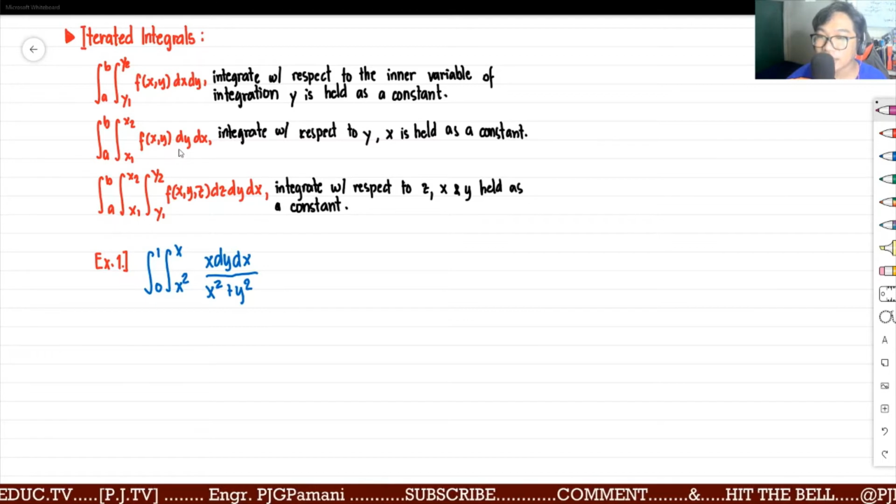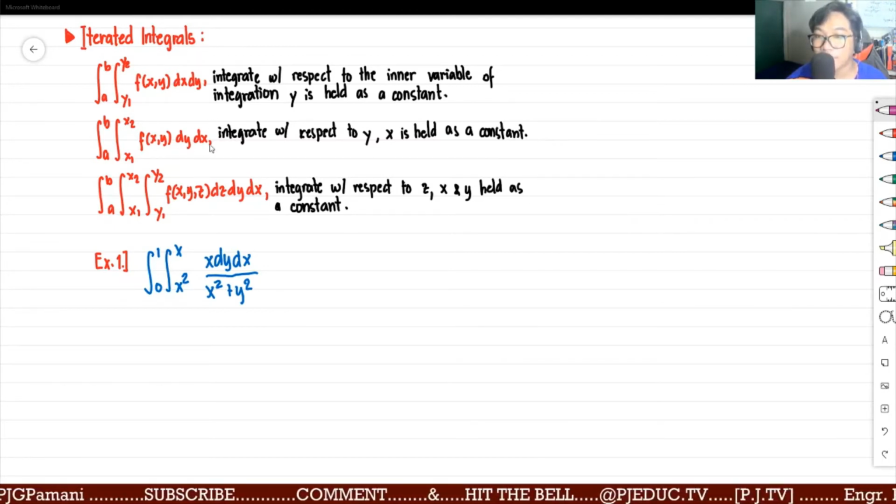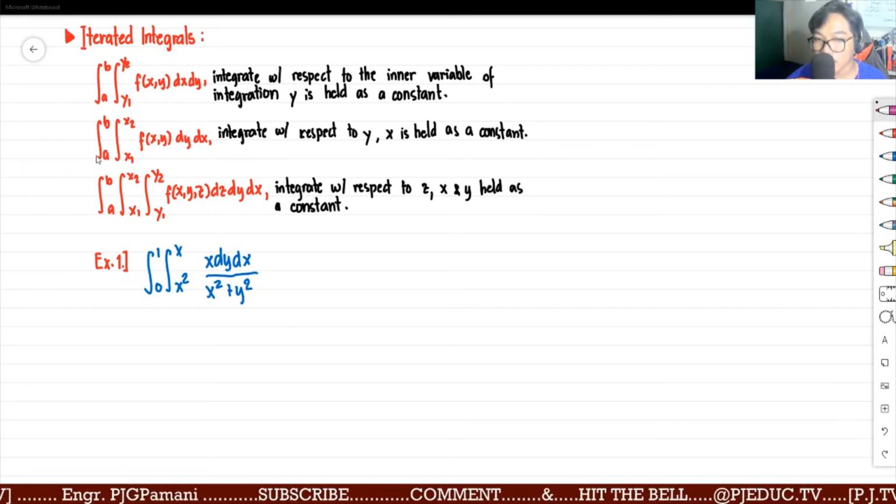After integrating it in terms of y, we'll then be integrating it in terms of x variable. Pero yung bagong definite lower limit and upper limit of that particular integration process will be considered in terms of the first integral, definite integral of a to b.